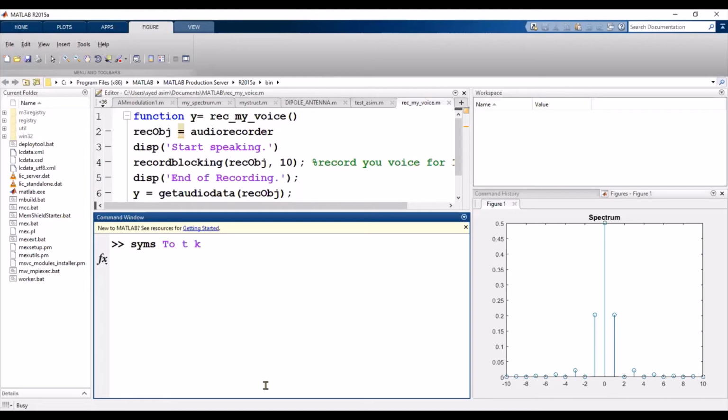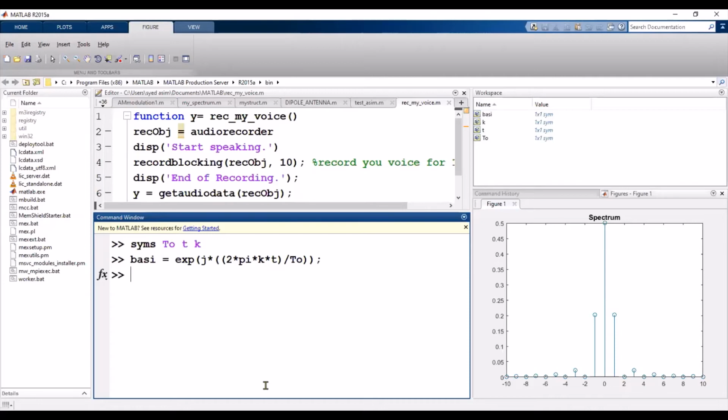First of all, I initialize the basis function. My Fourier basis function is e^(-j2πk t/T naught). That is my basis function, which makes it easy to calculate the Fourier coefficients.